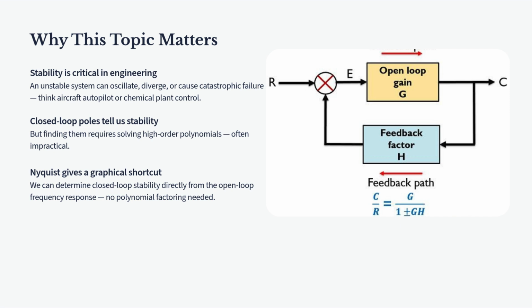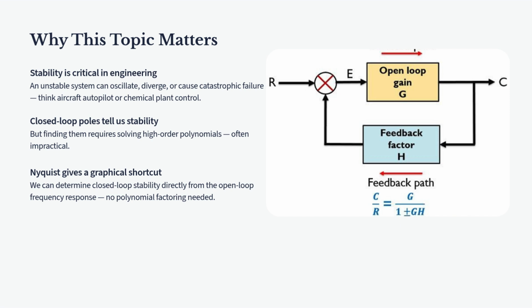Another example is a chemical plant. Imagine if the control system is unstable, temperature or pressure can become dangerous. Normally, to check stability, we look at the closed loop poles. If all closed loop poles are in the left half plane, the system is stable.